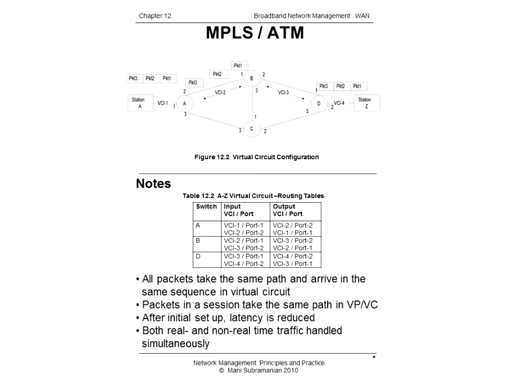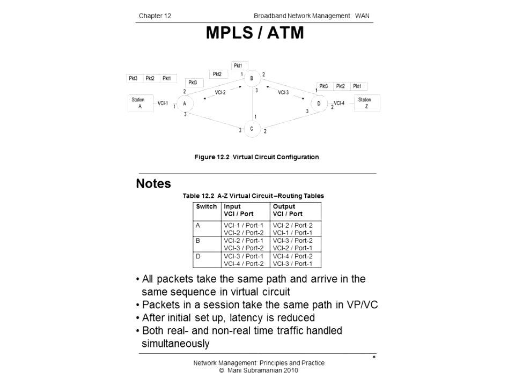So this is a network which includes both MPLS and ATM. Here we have a virtual circuit routing table, and all packets take the same path and arrive in the same sequence in the virtual circuit, because this is ATM also, and in ATM we know that we have a connection oriented service, and a virtual connection is established and the packets follow that connection, and the order of packets is the same.